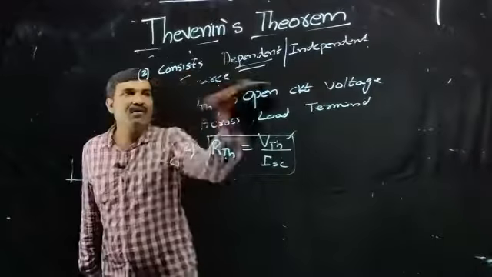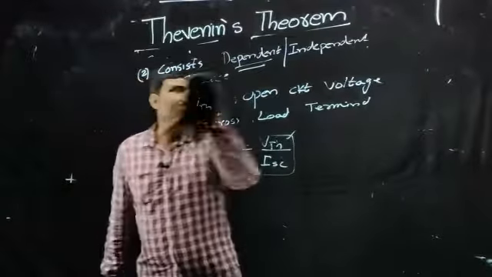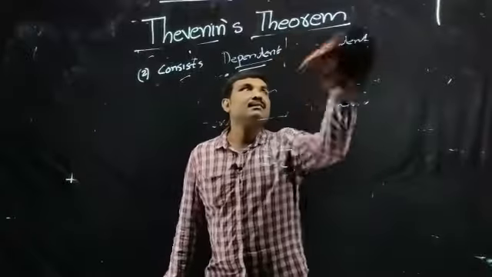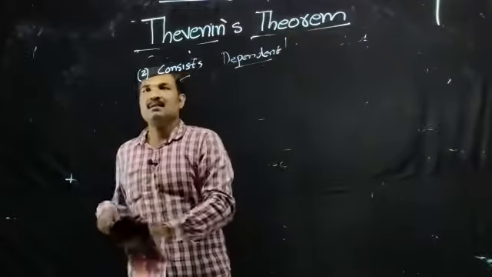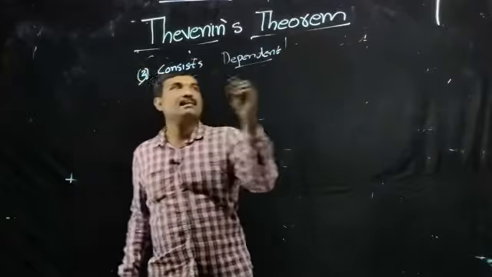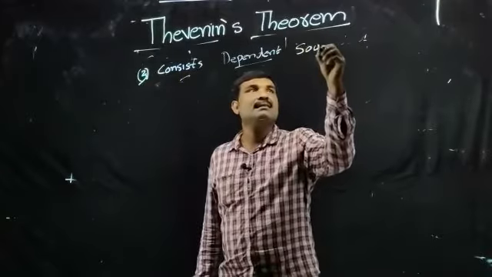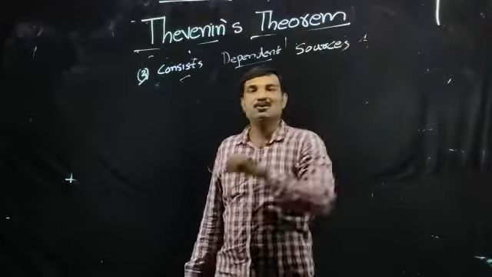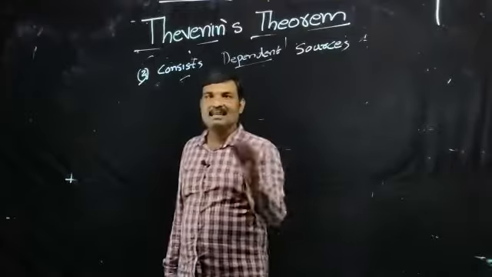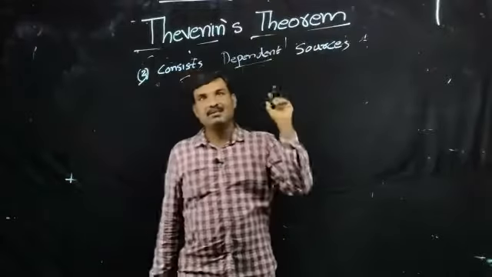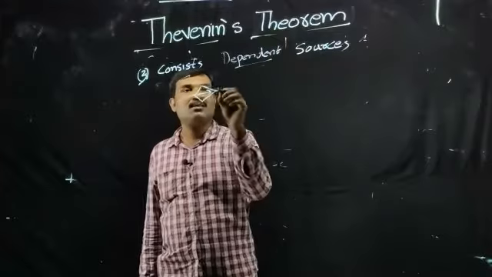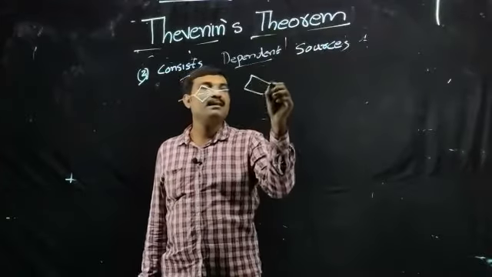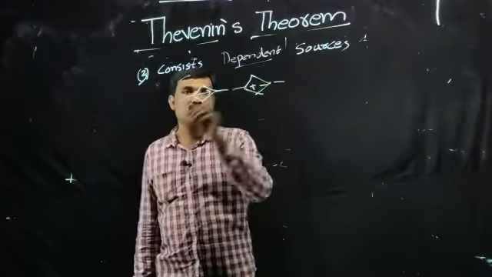Now we have one more case, the third case, in which the network consists of only dependent sources. In this case, we have no independent sources. We have either a dependent current source or a dependent voltage source.